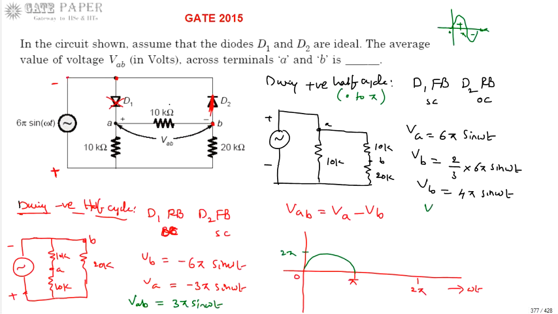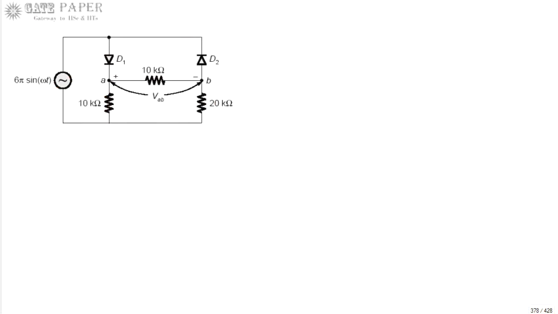Whereas VAB for this case is simply 2π sin ωt. So you are going to get a situation like this. This is 3π. So this is the VAB waveform. 0 to π is 2π and π to 2π is 3π. So this is the waveform we got.